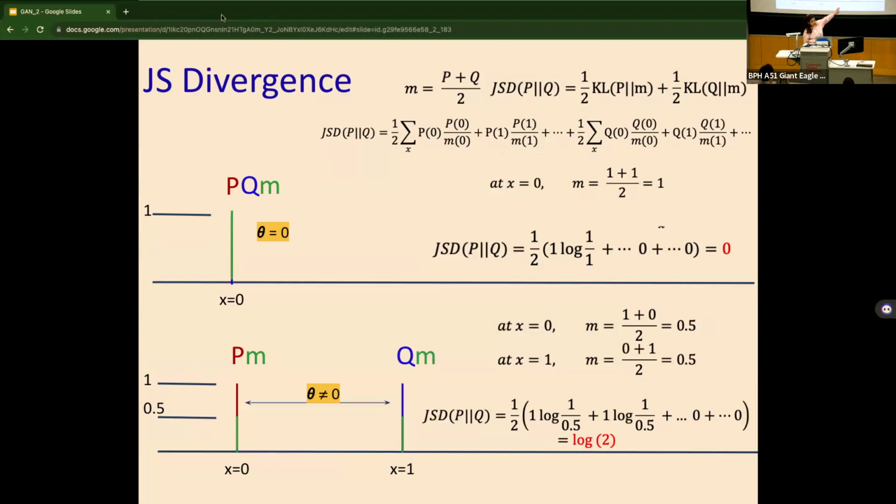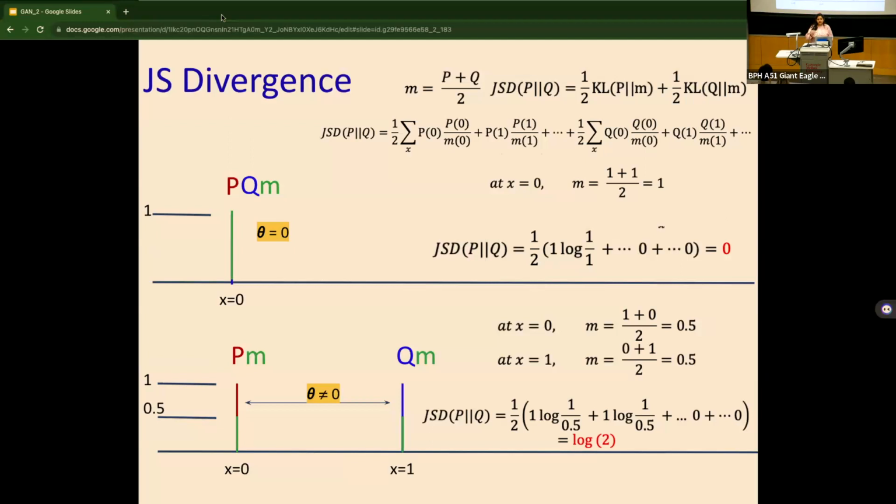And we now change our infinity to a constant value, which is log 2. You can obviously refer to the slides for the mathematics. So the point over here is that with JS divergence, you are now able to tell. So if, for example, your JS divergence is equal to 0, it means that your distributions are overlapping.